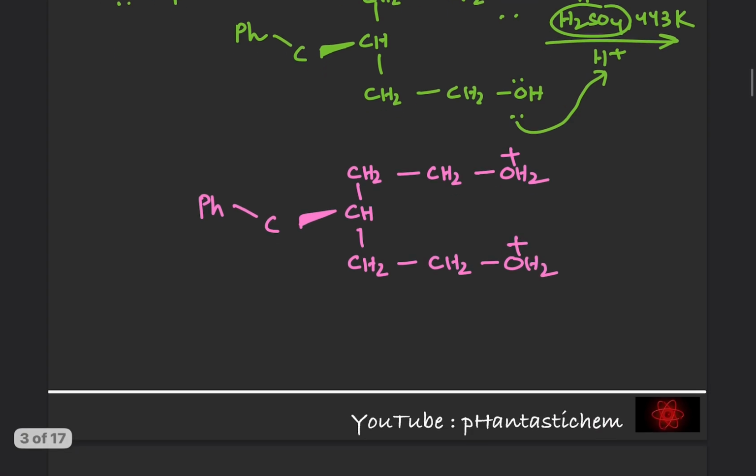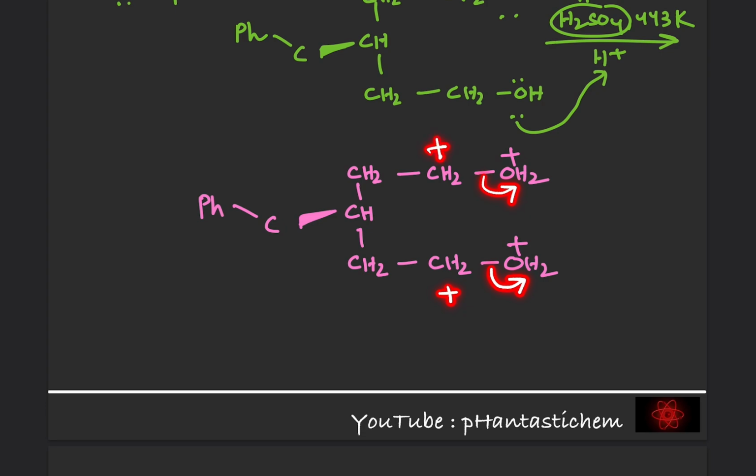Now can you see this oxygen has a positive charge, but it's a highly electronegative element, so therefore it's kind of unstable. So therefore what will happen, this molecule will easily lose water molecules. So this O can take away these electron pairs, this O can also take away these electron pairs, resulting into carbocations. There will be positive charge in these carbons.